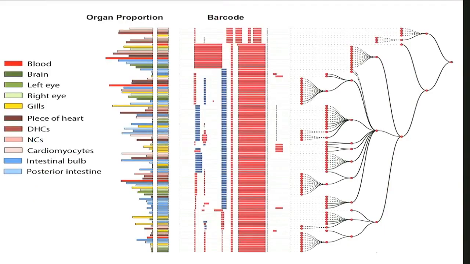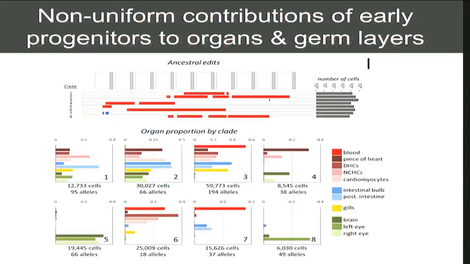And so here I'm just zooming in on one of those. And then if we look at the organs in which those alleles appear, it looks a bit all over the place, but we do see non-uniformity in terms of progenitors defined by all the descendants of this guy here and how they contribute to different organs. So for example, this is looking at these 8 inferred progenitors, and we can see that some of them contribute to many organ systems, but others, even though we may have thousands of cells represented, only contribute to neuroectoderm or only contribute to mesoderm.